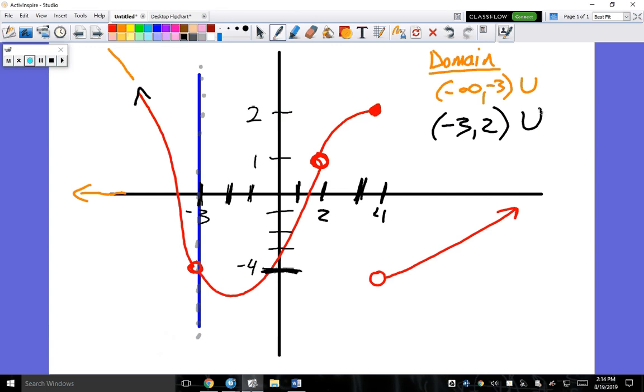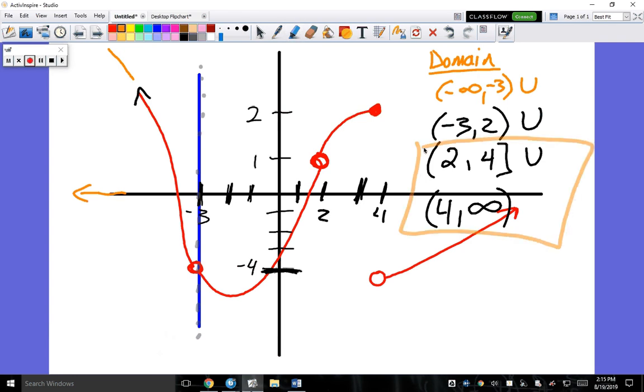And then from 2 all the way to what? 4. Do I close 4? Yes. And then from 4 all the way to infinity. Open on infinity, open on 4. And some of you are looking at this right now, and you probably already identified that I could have just written that as what? I could have written that from 2 to infinity.